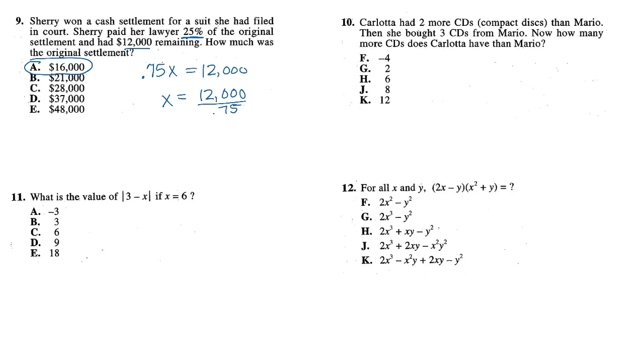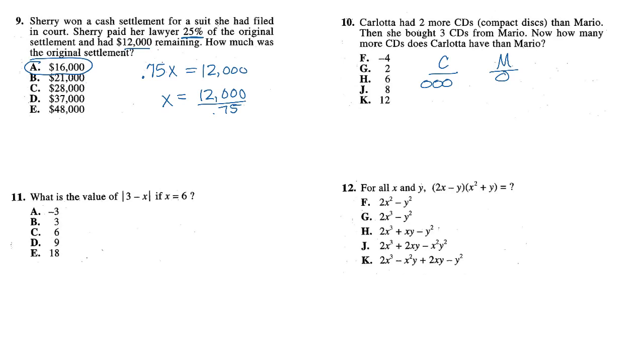All right, and number 10, Carlotta has 2 more CDs than Mario. Well, Carlotta and Mario, and let's see, Carlotta has 2 more CDs than Mario, so if Mario had 1, Carlotta would have 2.